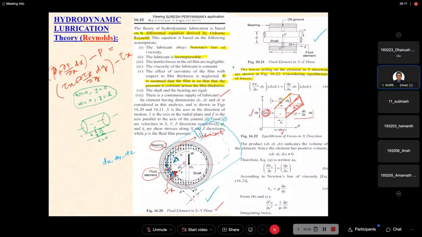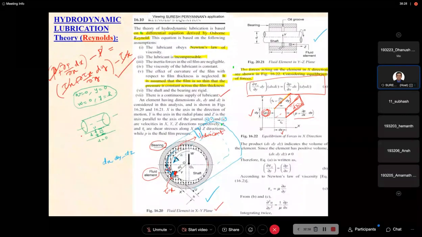Now P cancels, tau x cancels. Finally, we are getting this relation, and this is in terms of pressure. Now I am multiplying by the area: this is multiplied with dy into dz.